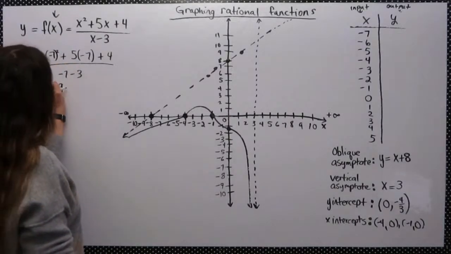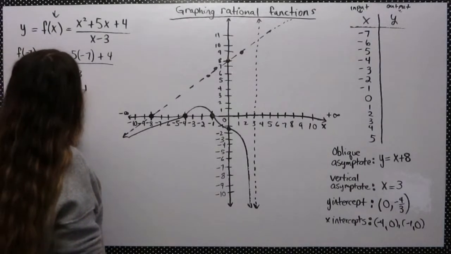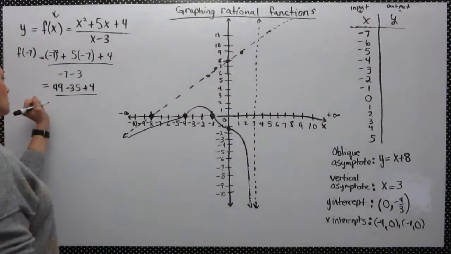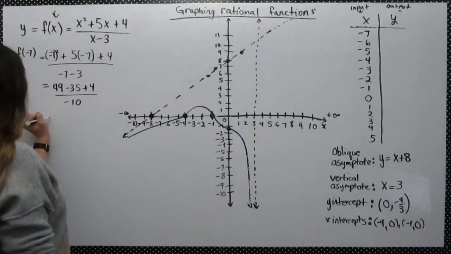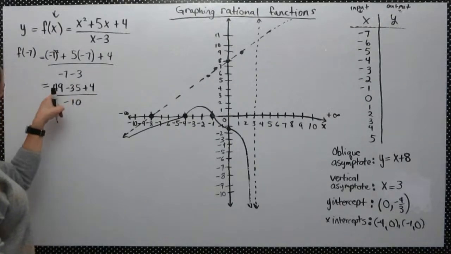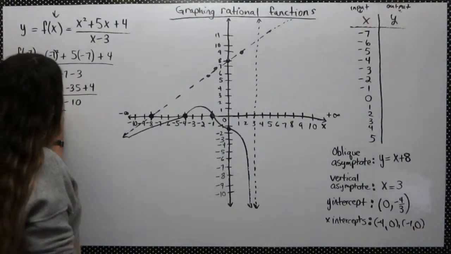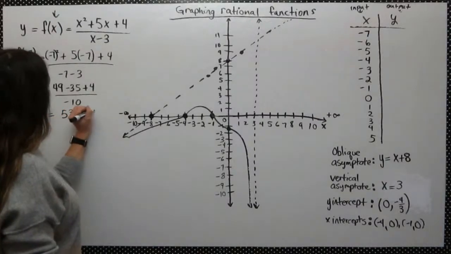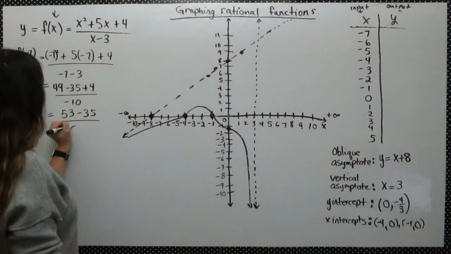-7 times 5 is -35 plus 4. And then -7 minus 3 is -10. So you do the math: 49 plus 4 is 53, minus 35, divided by -10.